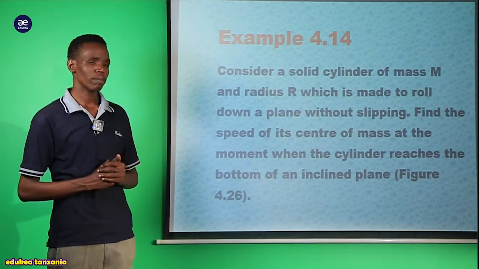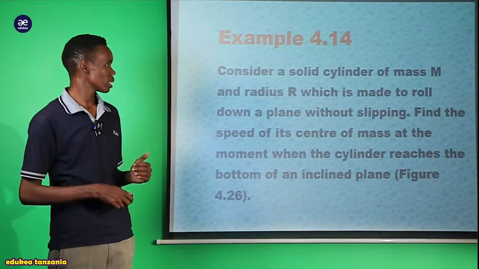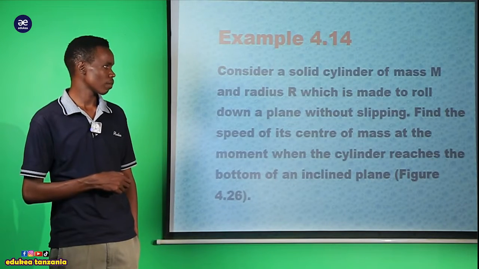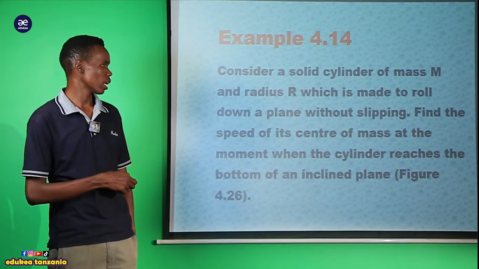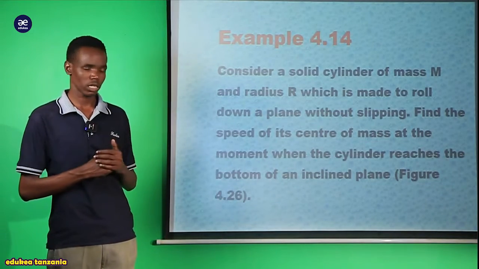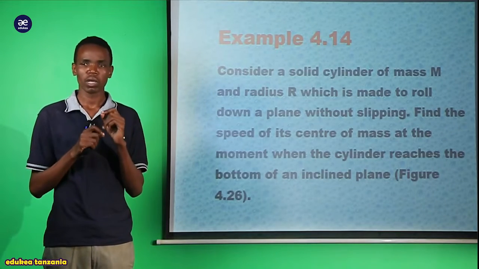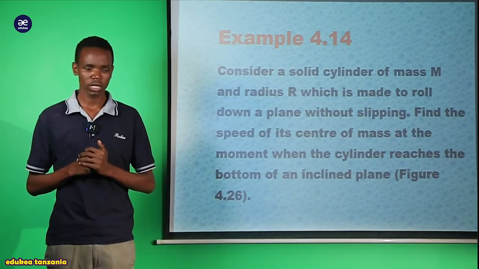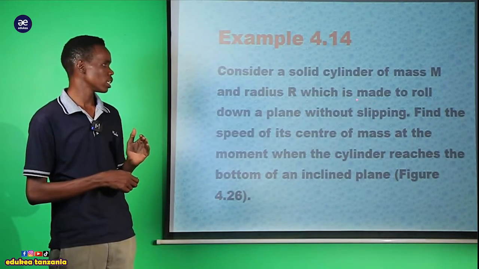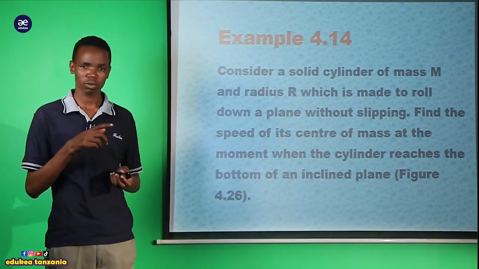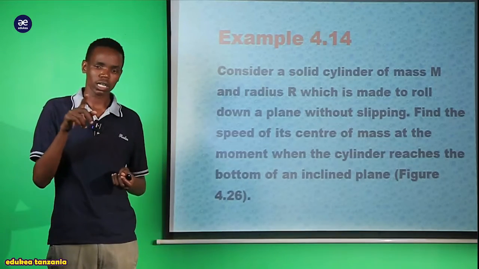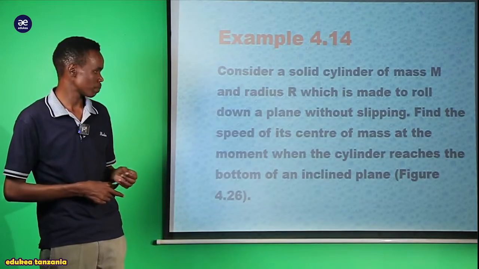So our example number 4.14 says: consider a solid cylinder of mass m and radius r, which is made to roll down a plane without slipping. We have a solid cylinder having the mass m and also the radius r, which is made to roll down a plane without slipping. It is trying to rotate on an inclined plane without slipping.